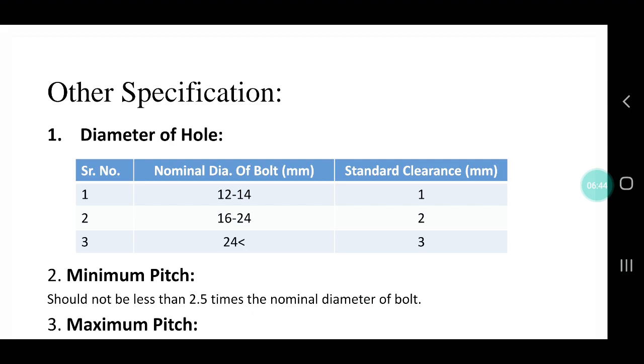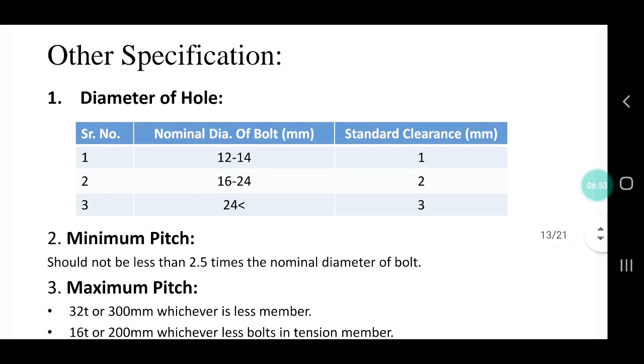In the next row, the diameter of bolt is from 16 to 24. The standard clearance will be 2 mm. So when the diameter of bolt is from 16 mm to 24 mm, considering 20 mm, the diameter of hole will be 22 mm.